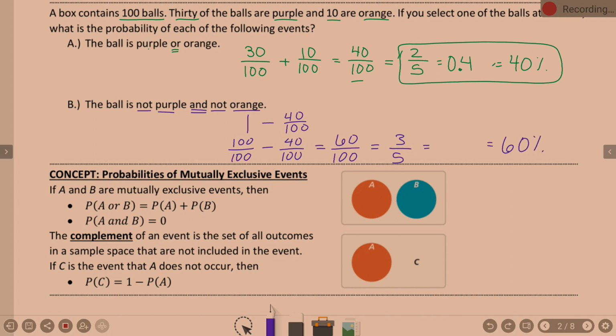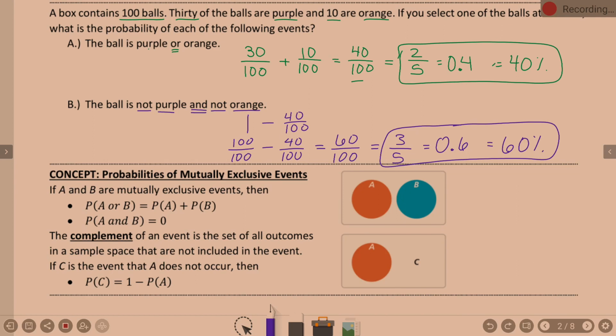And as a decimal, it is 0.60 or 0.6. Obviously, the test will ask you for a particular form. They might want a fraction, they might want a percent, they might want a decimal. I'm asking you to be confident in all of these.